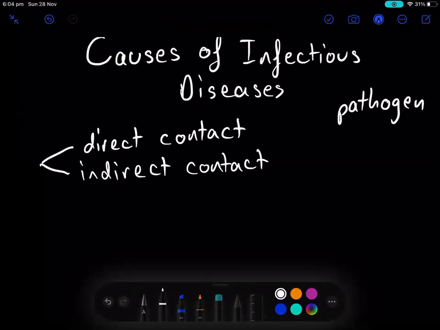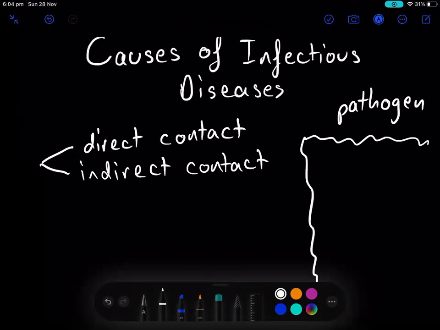Okay, so additionally, we've got the impact of an infectious disease. As you've probably seen with COVID, we've seen a huge degree of impact. Essentially, diseases are able to shut down countries, and they cost thousands of lives in the event of a pandemic.